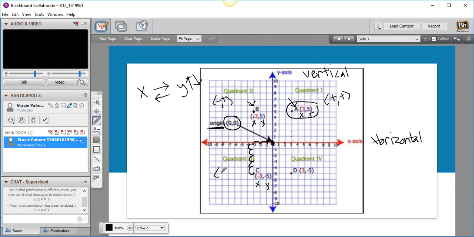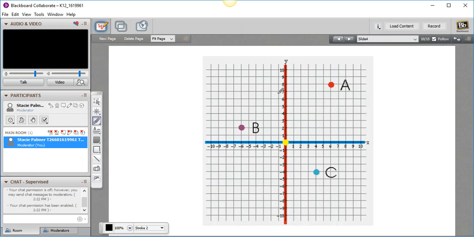So for quadrant 3, we know we're always moving to the left and down. For quadrant 4, to get to point D, we have to move 3 to the right, 5 down. So 1, 2, 3, 1, 2, 3, 4, 5. That gets us to point D. Quadrant 4 is always going to have a positive x and a negative y. Okay? So let's look at point A.